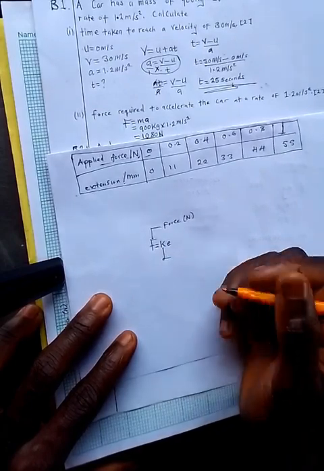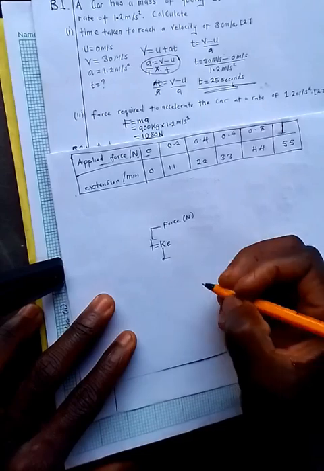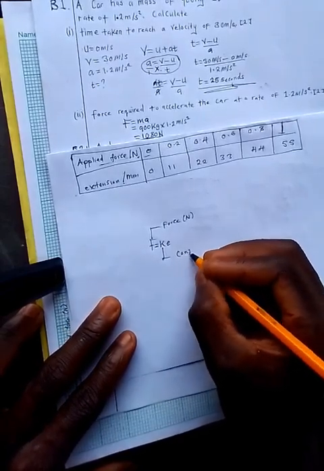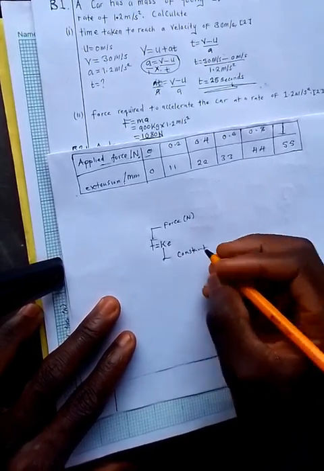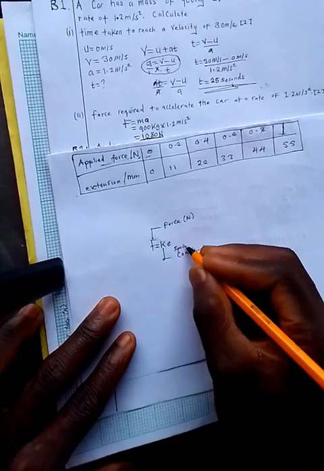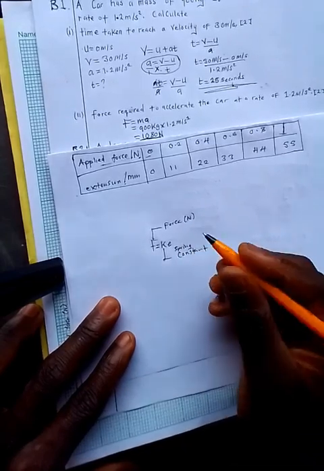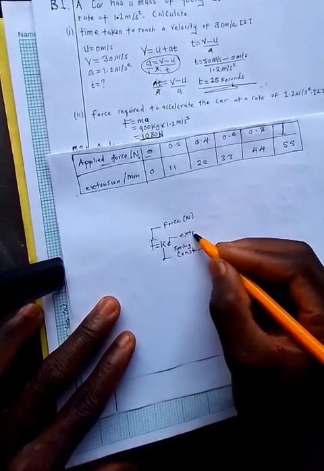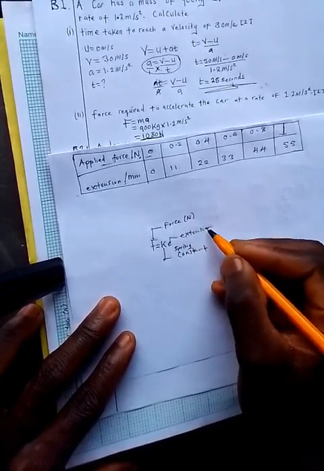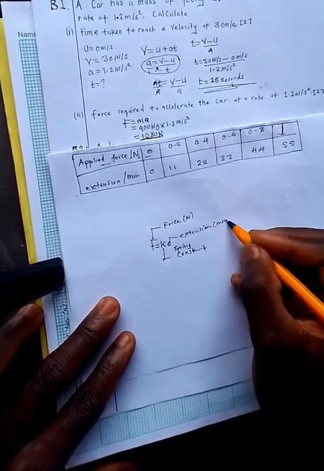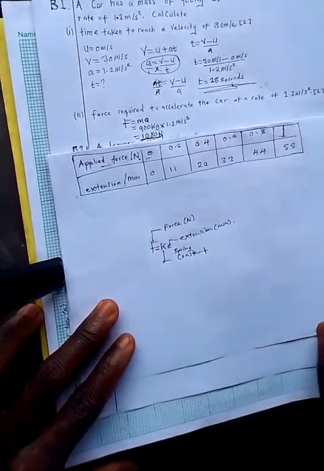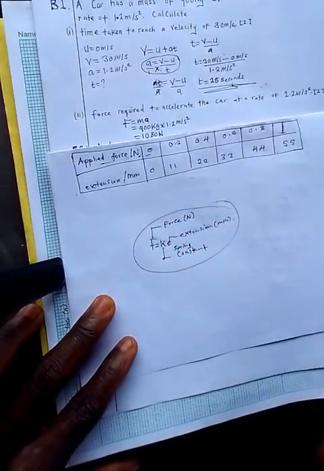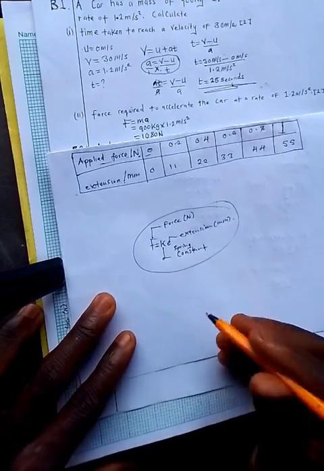The spring constant has no units, and it is the same as the gradient. Then this one is the extension, which we have been given in millimeters. So let's use this formula now to find the spring constant, which is K.